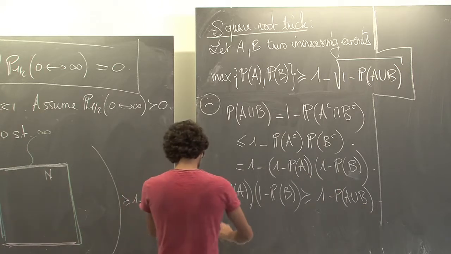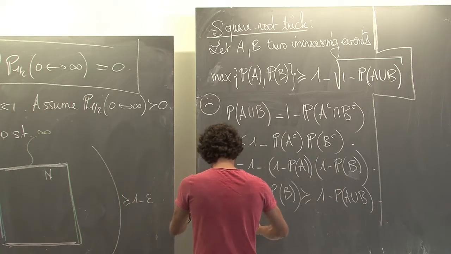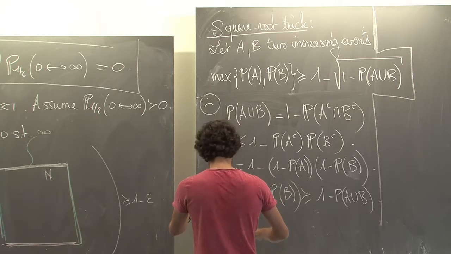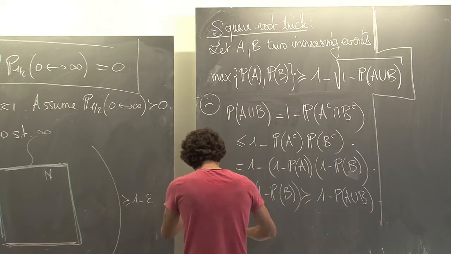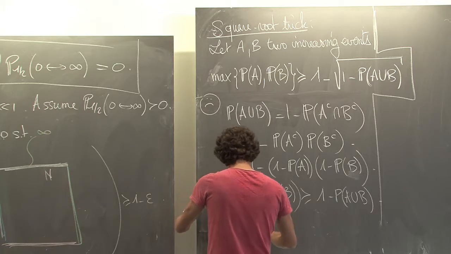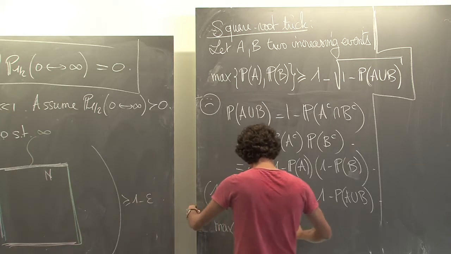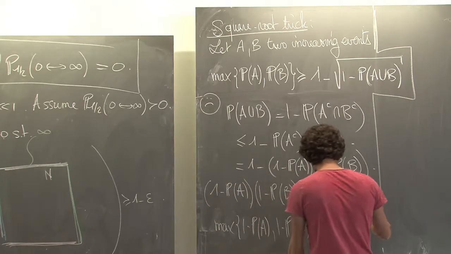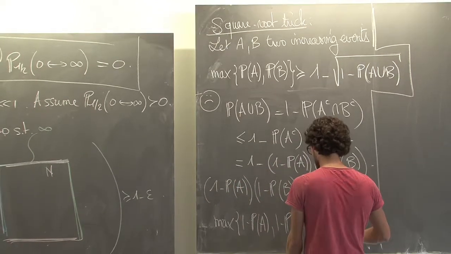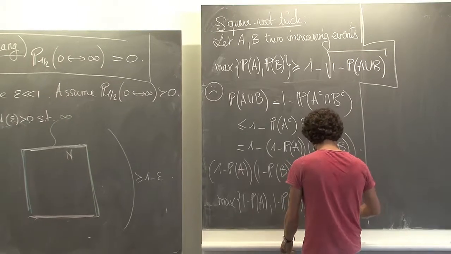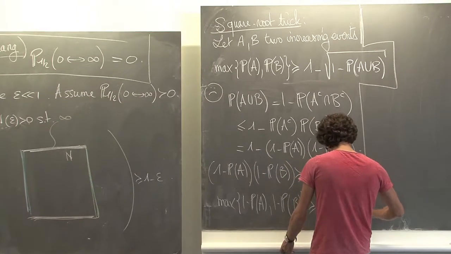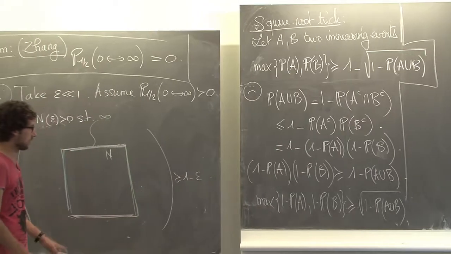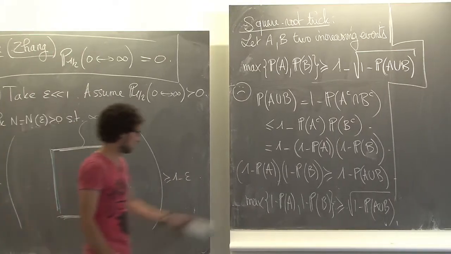So now, the max of 1 minus probability of A, 1 minus probability of B is larger or equal to the square root of this. And then you deduce your inequality by just translating.